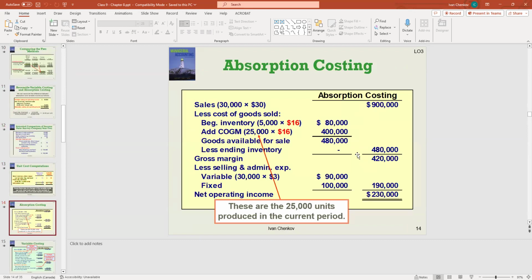Let's see what's going to happen now with the income statement. Under the absorption, now the sales is going to go up because obviously we're selling now 30,000 units, not 20,000. 30,000 units, that's $900,000. Beginning inventory, the 80, now that expensive inventory holding $30,000 more is going to be released in the cost of goods sold.